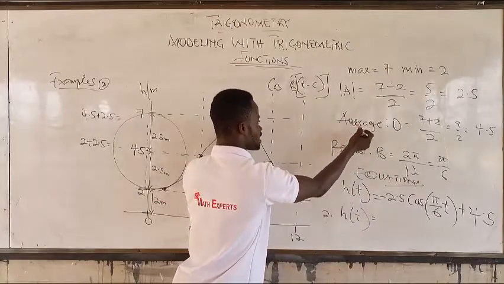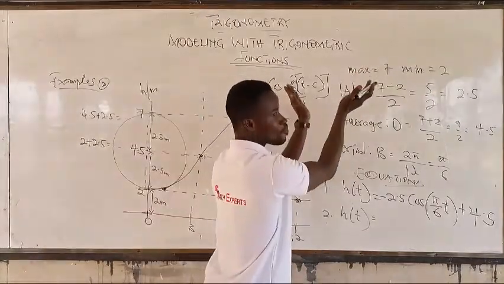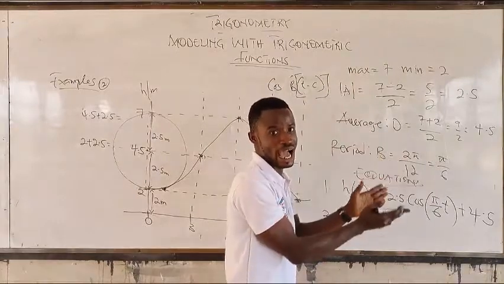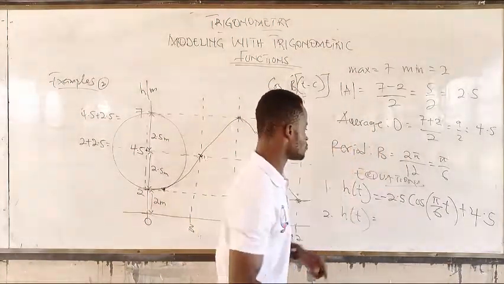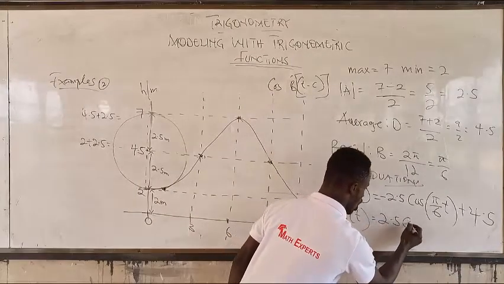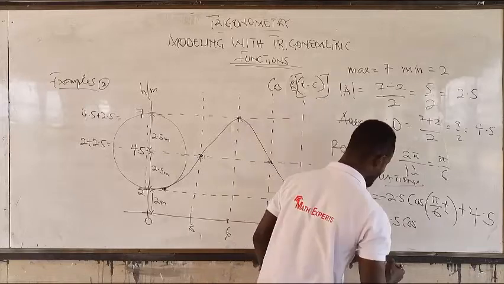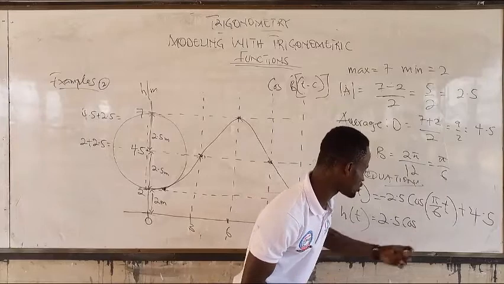So we are going to get something like this, and that is a cos which is open upward. When it's open upward, the amplitude will be positive, no more negative. So here the amplitude is 2.5. Cos, very good.